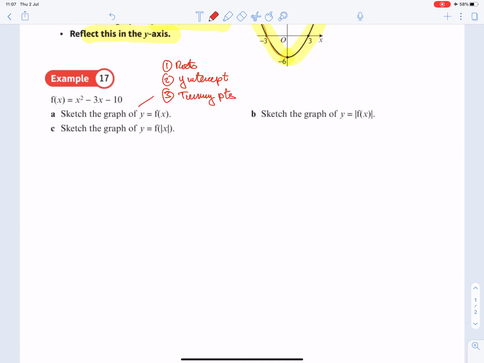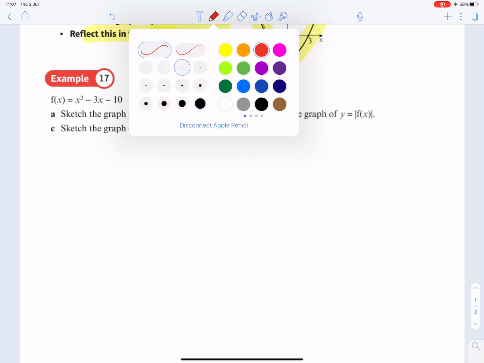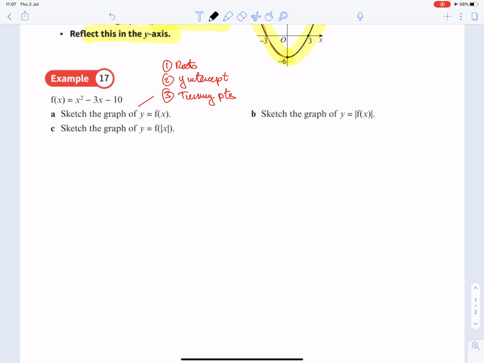Other times we might be looking for asymptotes, etc. Let's just work through those. Y-intercept, let's do first. That occurs when x equals 0. So f of 0 is equal to 0 squared minus 3 lots of 0 minus 10. So that's -10.